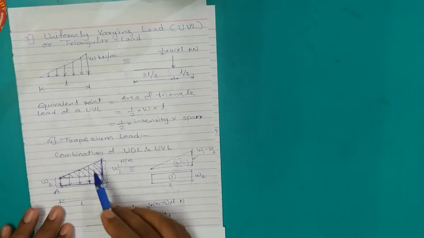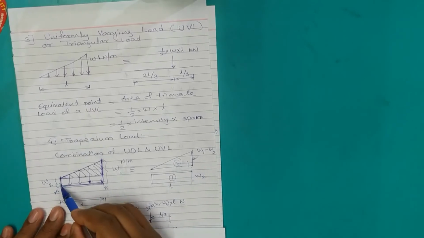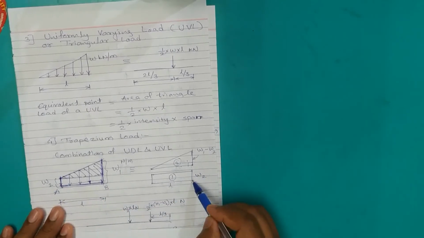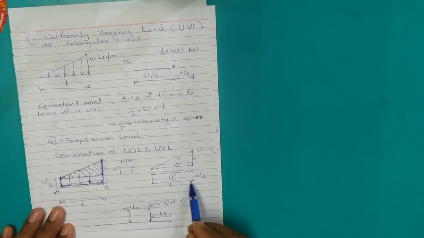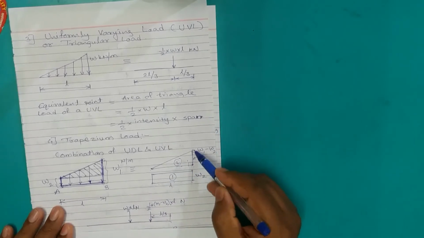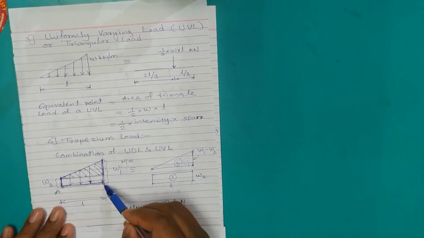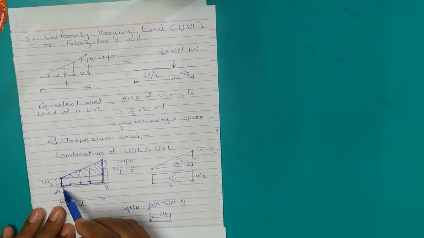So if you separate these two shapes, the height of the rectangle is nothing but the intensity W2, where the length of the rectangle is L. Same is the length of the given right angle triangle. Let's say length or the base. The base of the right angle triangle remains the same as that of L, and the remaining height of the given triangle is going to be the total height W1 minus the height W2.